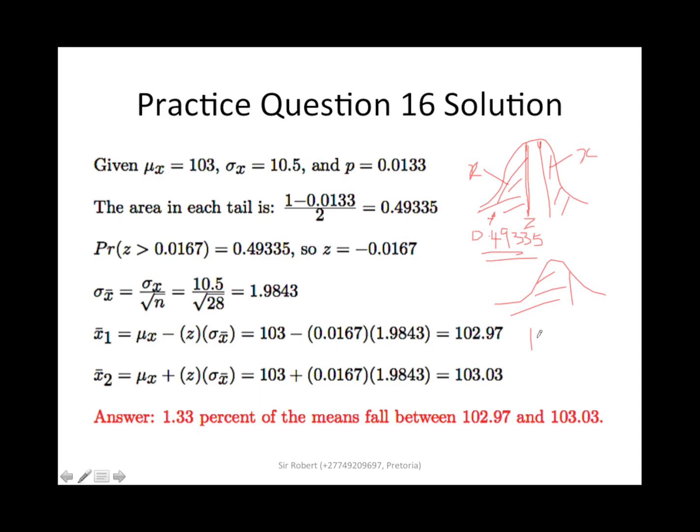So it becomes 1 minus 0.49335, just to determine this z value. So once you get this z value, you're able to determine the x bar using this formula, x bar divided by square root of n.